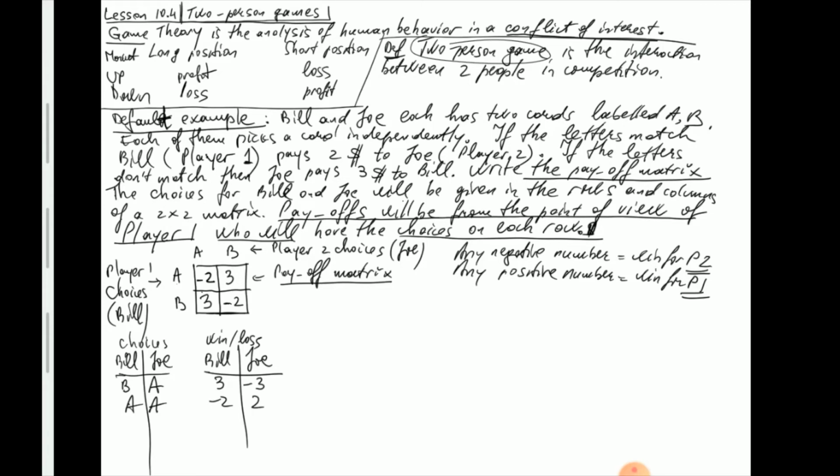Let's say they choose letters A and B. They're not the same, so again we're going to have +3 to Bill's tabulation and -3 for Joe. And finally, let's say B and B. If they match, then we're going to take $2 again from Bill and add it to Joe.